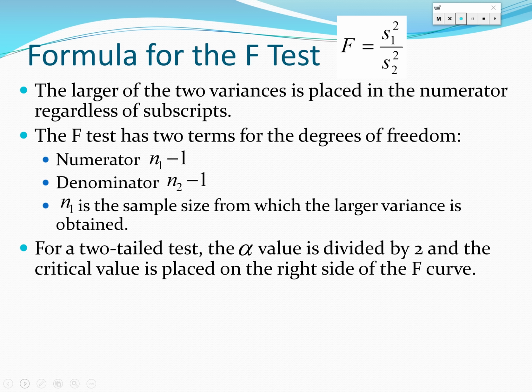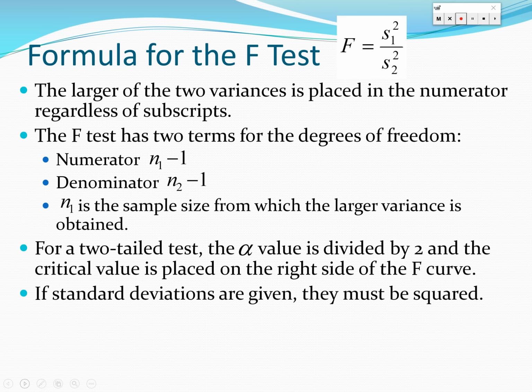Remember, our mean for the F distribution is right around 1, so it's about the middle of our curve. So if our F value is always larger than 1, we don't have to concern ourselves with that left tail. We just need the right tail. So that's all we're going to get a critical value for. We'll place it on the right side.